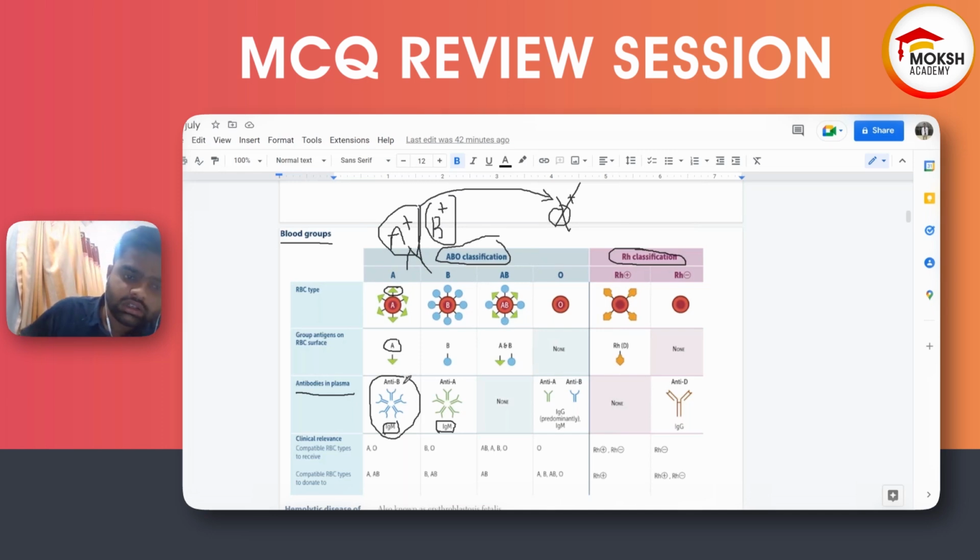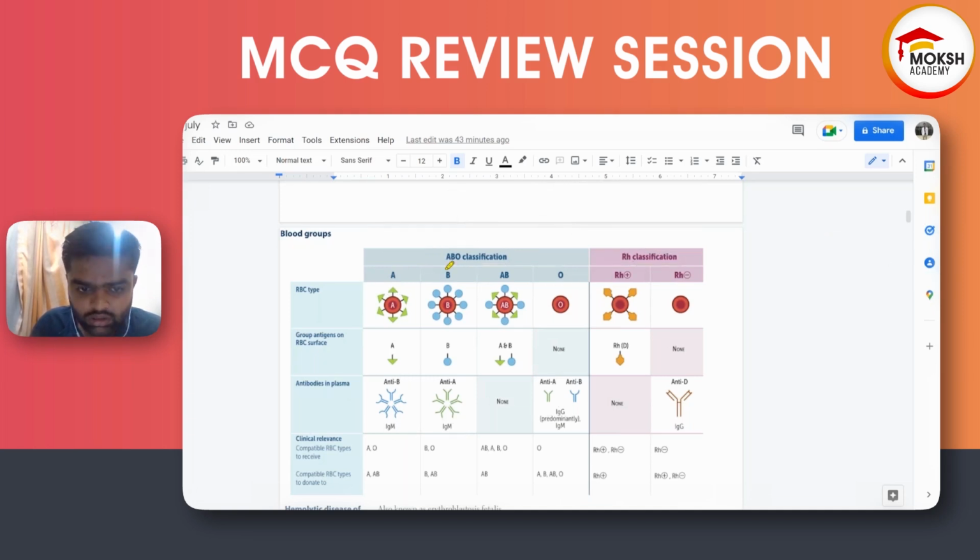IgM cannot cross the placental barrier, so this can never happen in that ABO classification. It mainly happens when there is an O positive mom, who has IgG antibodies. These can cross the placenta and destroy the neonate's RBCs.